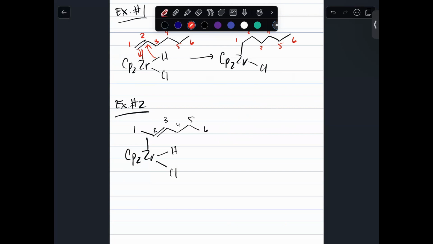I'm just drawing it with the methyl group facing up. It's the same thing. The first thing that happens is, excuse me, it's my double bond that has to complex. I apologize. It's my double bond that complexes to the zirconium. Just like before, it does a migratory insertion. So this was a migratory insertion.